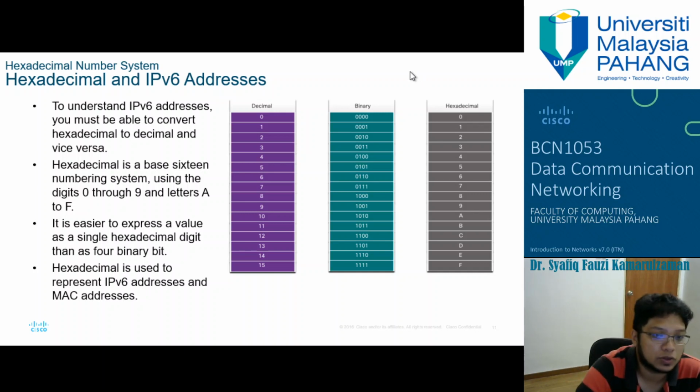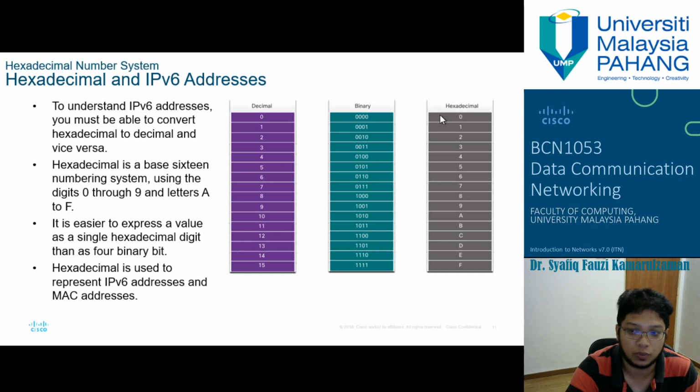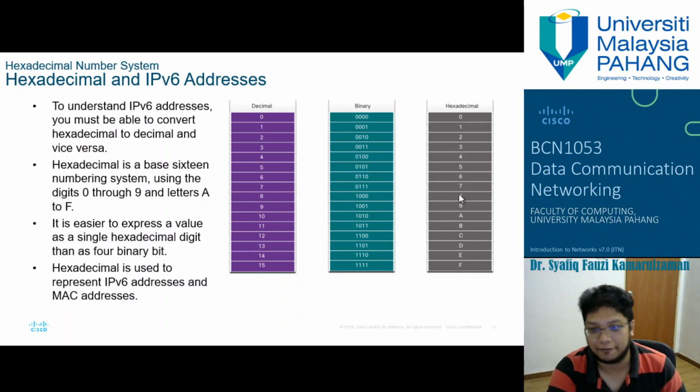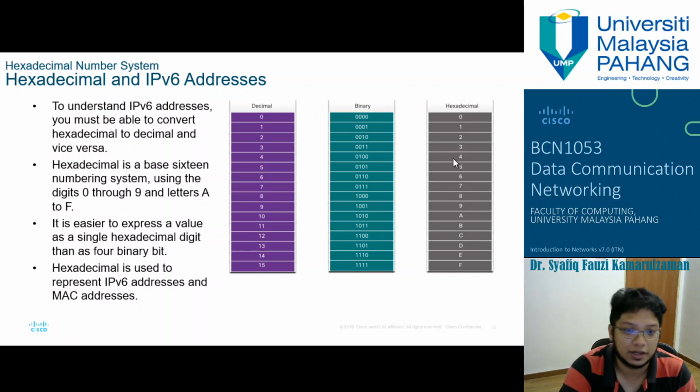Okay, so you need to remember that they start with zeros and they end with an F. Means that 0, 1, 2, 3, 4, 5, 6, 7, 8, 9 and continue with A, B, C, D, E, F. Okay, so it's a simple term here. Just continue with A, B, C, D, E, F after 9.